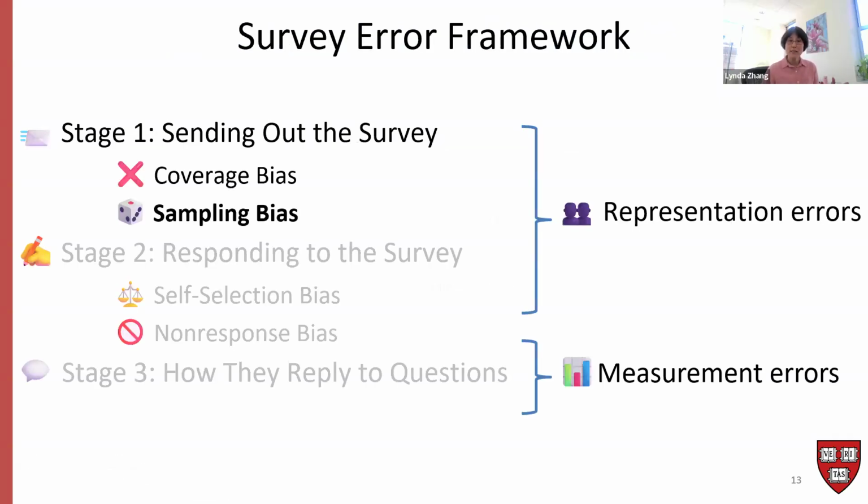The second error is sampling bias. Coverage bias is about who is included in your mailing list. If you are going to send your survey to everyone in your list, then you do not have coverage bias.